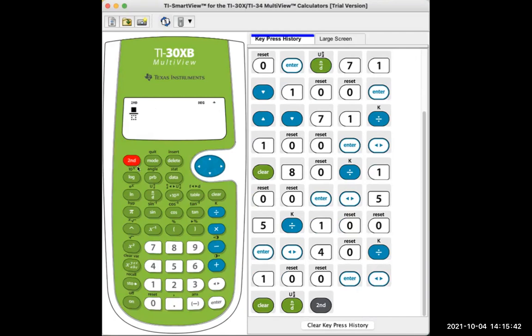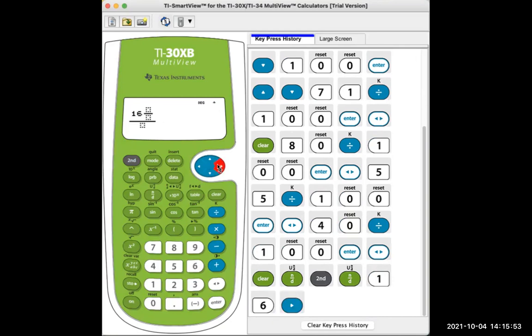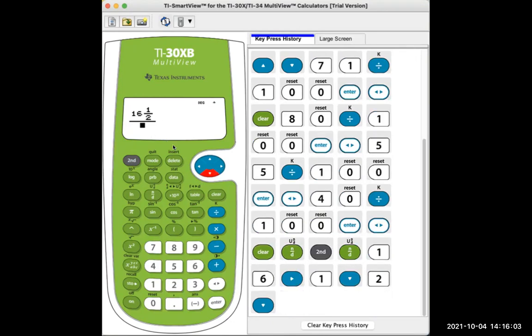I'm going to press second there because I want the gray letters. So I'm going to press ND now, and you can see it pops up. So we type 16, we press to the right, it goes to the top, 1, we go down to the bottom, 2, and we press down one more time, divide it by 100. Okay. And hey presto, that gives us a fraction straight away.